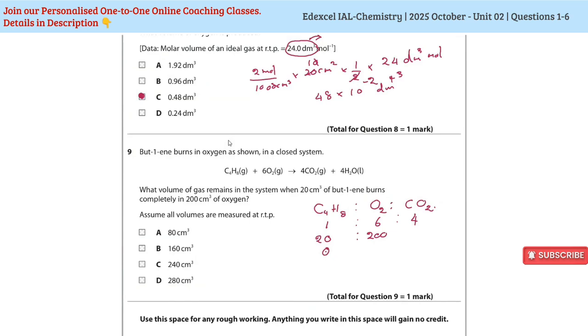Therefore, you end up with 0 butene. That means 20 is reacted. 20 is reacting with 20 times 6 volume of oxygen. 20 times 6 is 120. So, at the end, the system contains 80 cubic centimeters of oxygen.